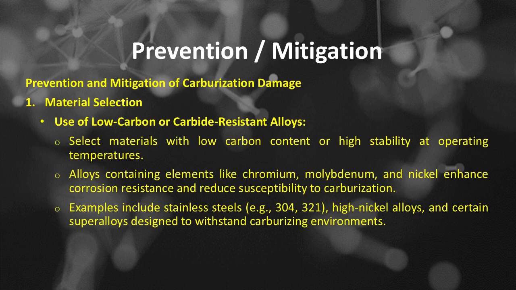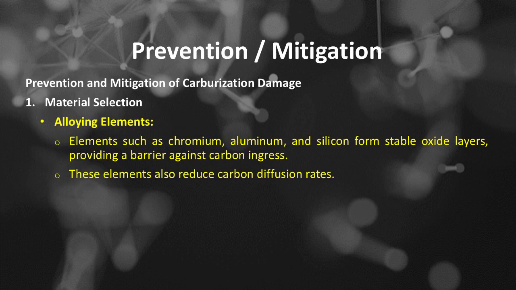Examples include stainless steels, e.g., 304, 321, high-nickel alloys, and certain superalloys designed to withstand carburizing environments. Alloying elements such as chromium, aluminum, and silicon form stable oxide layers, providing a barrier against carbon ingress. These elements also reduce carbon diffusion rates.